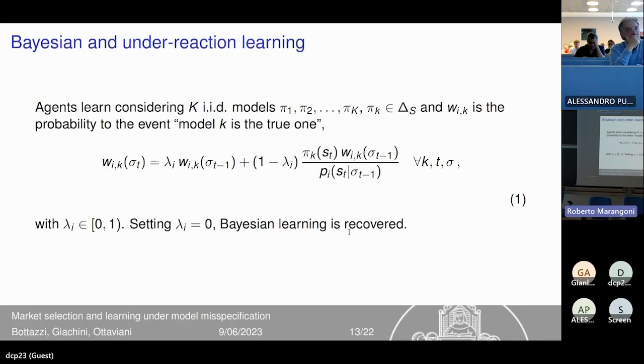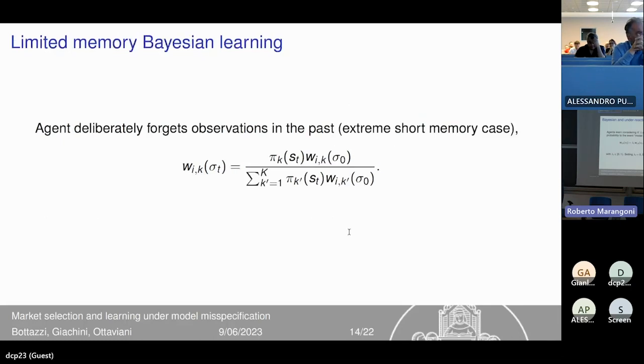The agent learns on a given set of models, updating the weight the agent assigned to the different models following this rule. If you put lambda I equal to 0, essentially this part disappears and you have Bayesian learning. So the weights of the different models are updated proportionally to the probability that the different models assigned to the realized state. So this is Bayesian and this is the generalization, underreaction. But there are also other possibilities we can explore.